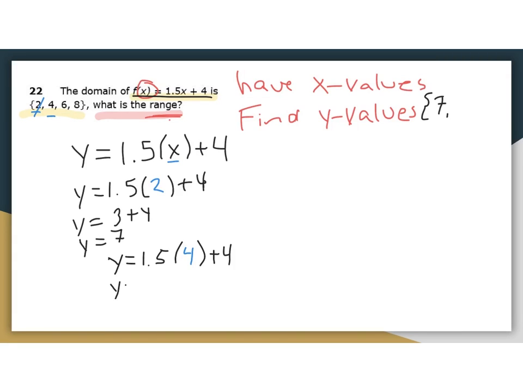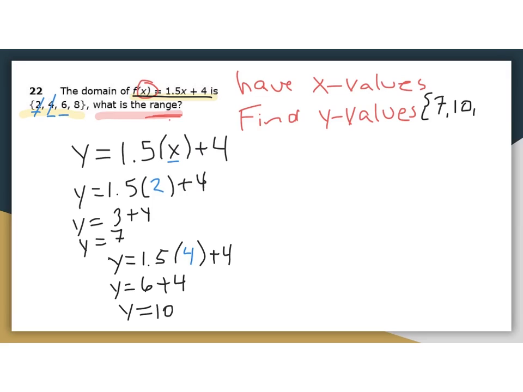So we see 1.5 times 4 is 6, and 6 plus 4 comes out to 10. So we get a y value of 10 given the x value of 4. So I'm going to write 10 over as my next answer. That 4 has been taken care of.